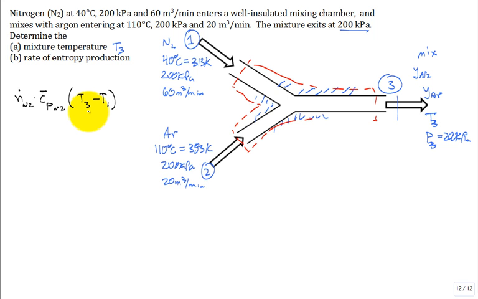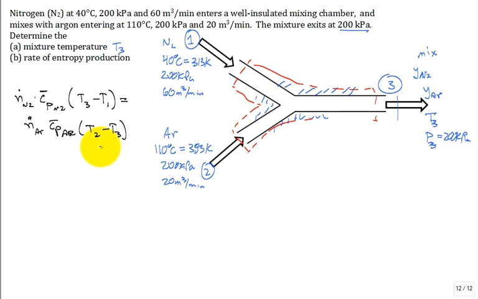T3 is greater than T1, so T3 is going to be greater than 40 degrees C, but less than 110 degrees C, the argon. And that's equal to the molar flow rate of argon, C sub P bar of the argon, times T2 minus T3. It's like the nitrogen was heated up and the argon's cooled down, so they come out at the same temperature. Are you getting good at the first law?